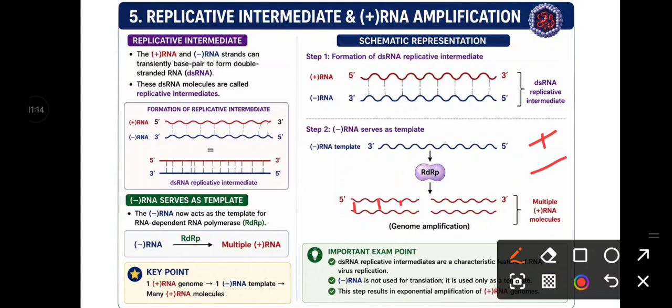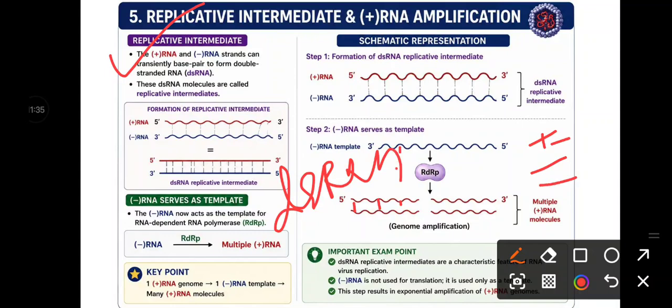Positive sense and negative sense RNA are complementary, that's why they will form bonds, and that's why when a single stranded RNA starts multiplying itself inside the host, we will get some replicative intermediate. These are nothing but double stranded RNA, because the negative and positive strands that are synthesized are complementary to each other, so they will join and form this double stranded RNA that is known as replicative intermediate.